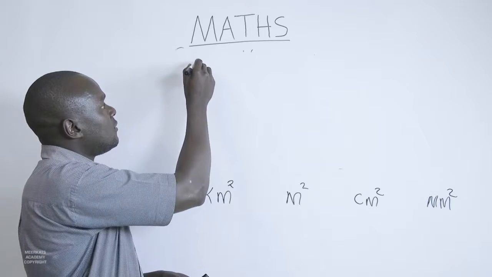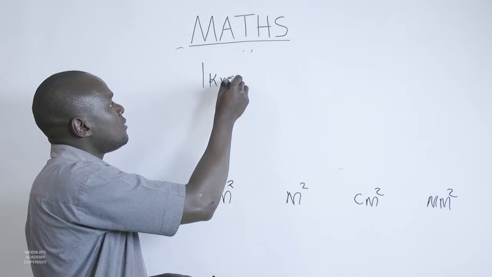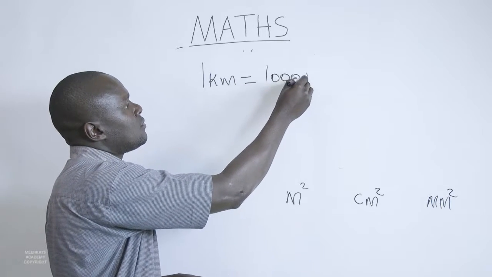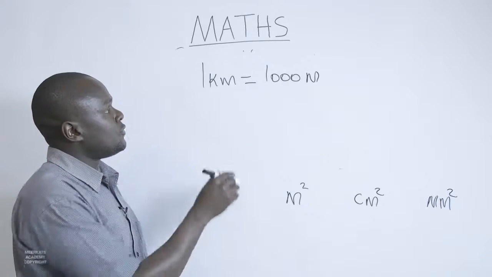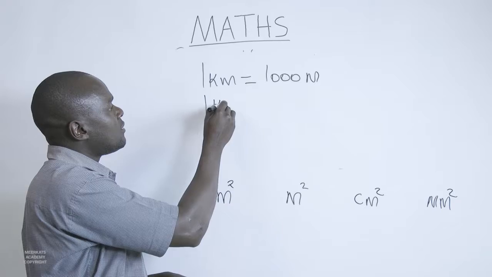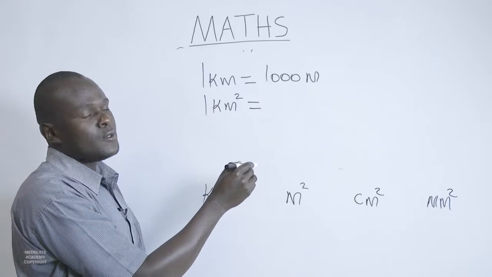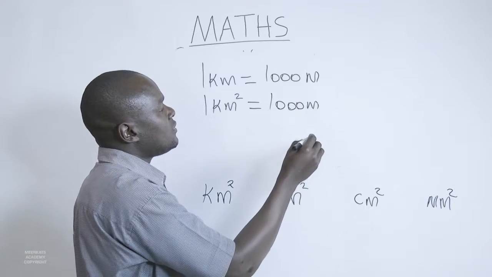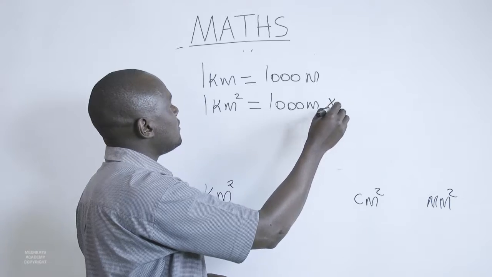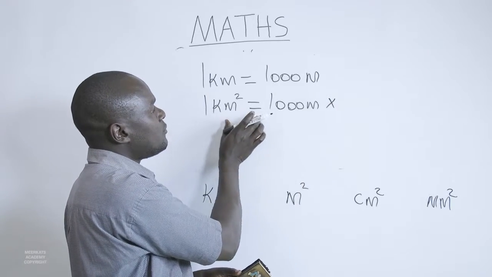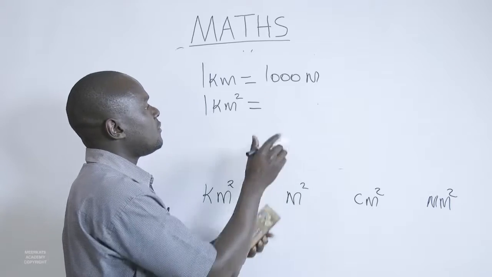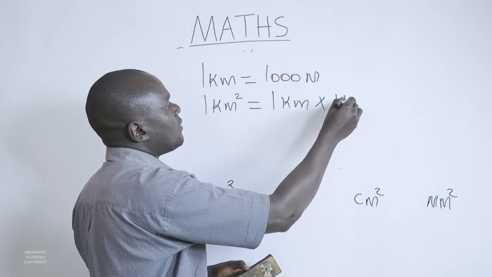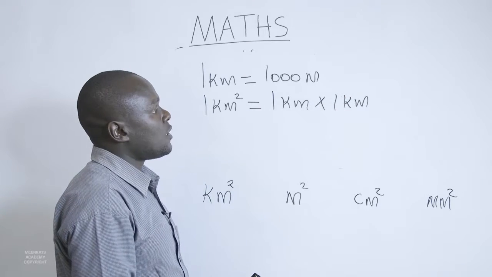We know that 1 kilometer is equal to 1,000 meters. So if we have 1 square kilometer, this means we have 1 kilometer multiplied by another kilometer.